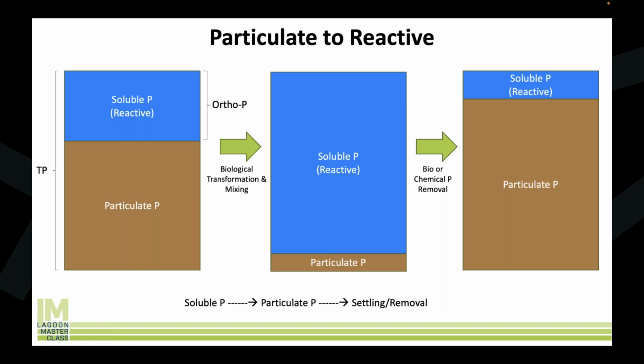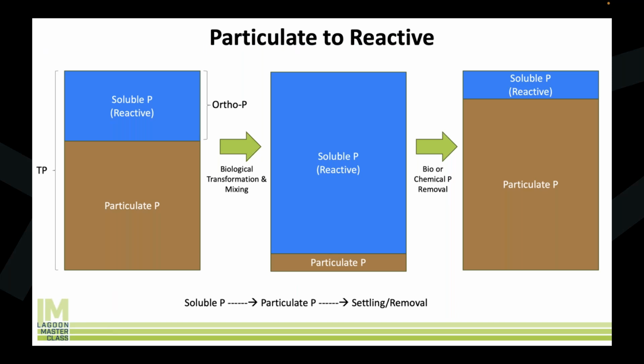As it moves through the plant, it gets converted into soluble phosphorus, and that's what orthophosphate measures. And then as it pulls out, if you add chemical or do some biological phosphorus removal, for example in lagoons, algae or duckweed assimilate phosphorus into the cell wall, then it dies and sinks down to the bottom. That ends up back in the particulate form.